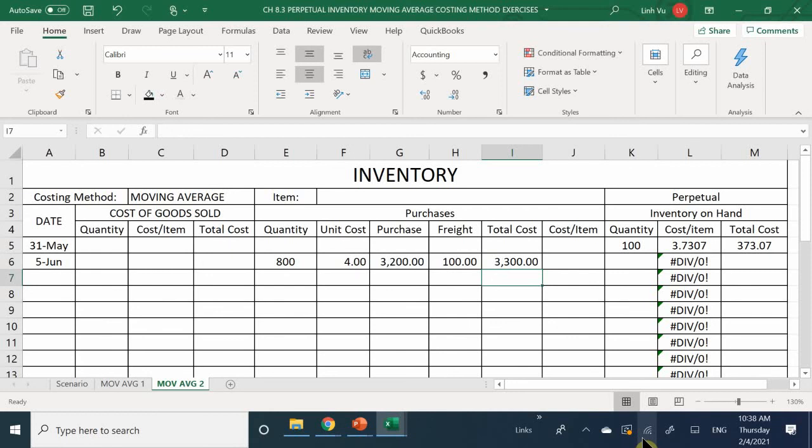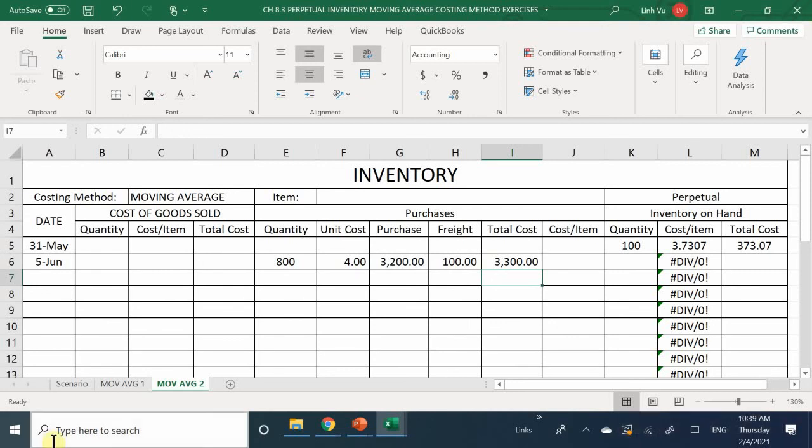Am I going to do my cost per item here, or am I going to take an average cost per item, add together that 100 items, and also add together the total cost? How am I going to figure out my new average cost per item?